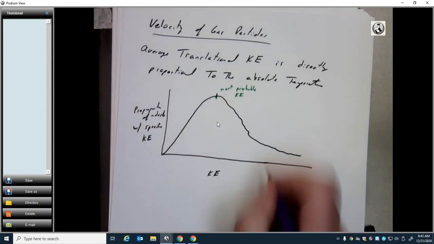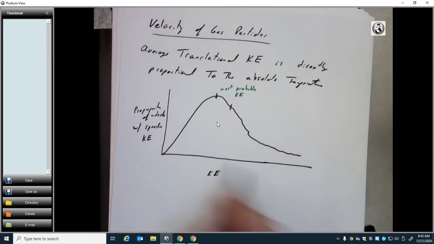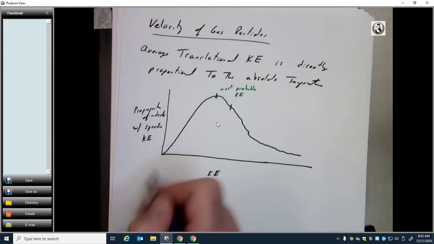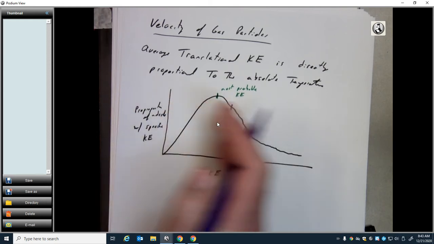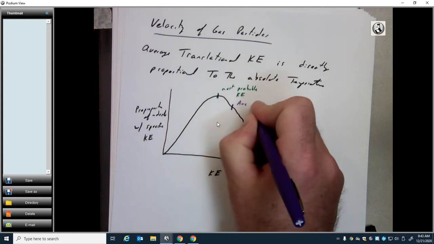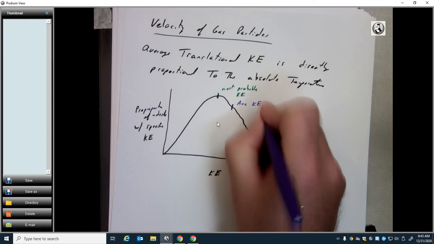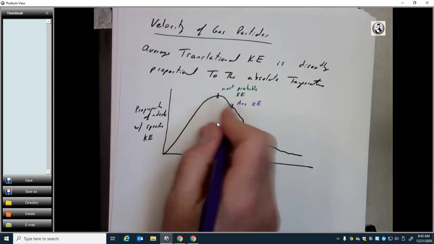Okay, so the average would be somewhere over here. It's because this big tail over here and this steep slope on this side pull the average this way. So somewhere in here would be our average kinetic energy. They're not necessarily the same.